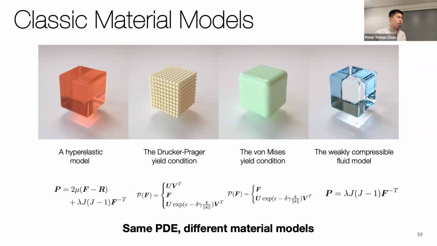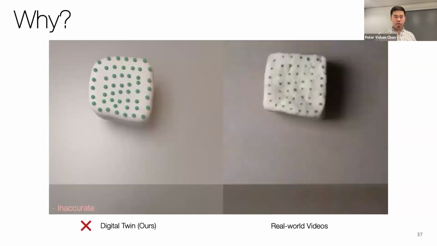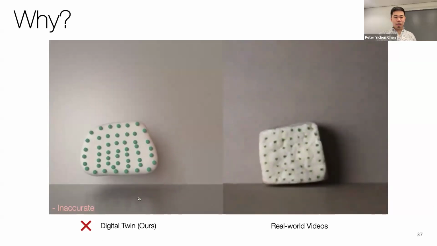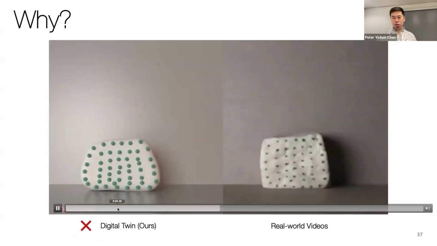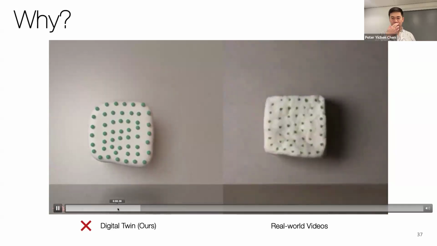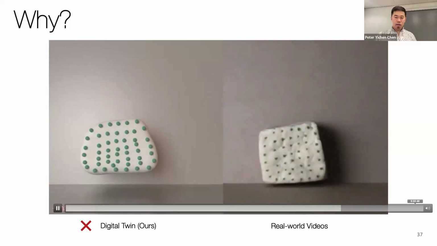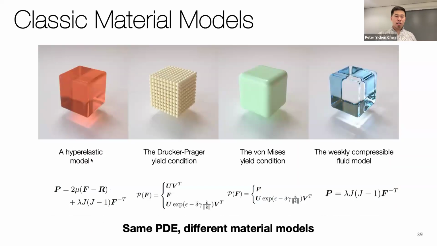So we can set up these traditional material models, and they generally work pretty well. But in our case, we did observe that this model here on the left is doing exactly what you said: we picked a hyperelastic model and the von Mises yield condition.